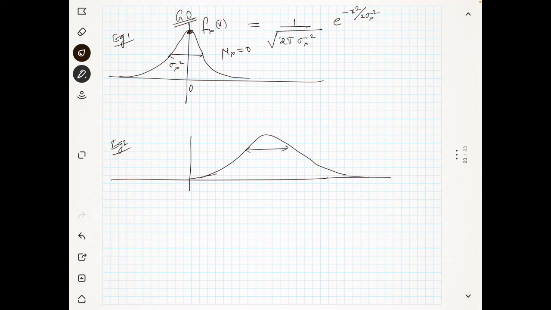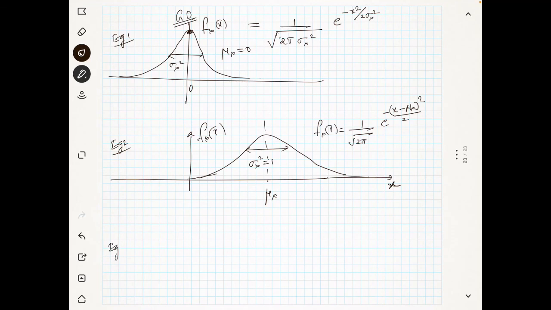You have some mu_X, and this is your x and this is your f_X(x). Suppose sigma_X squared is equal to 1, then it is 1 by square root of 2 pi into e power minus (x minus mu_X) the whole square divided by 2, because here sigma_X squared is equal to 1.